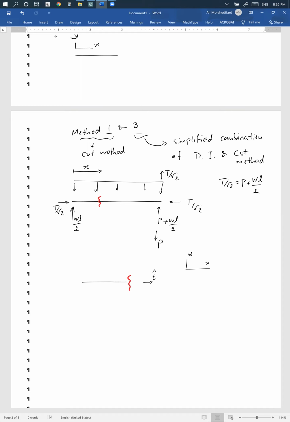Normal to the cut is in the positive direction of the x-axis, so shear is in this way. Moment should point so that the compressive side is on the positive side. So this is the positive direction of moment, and N is like this.